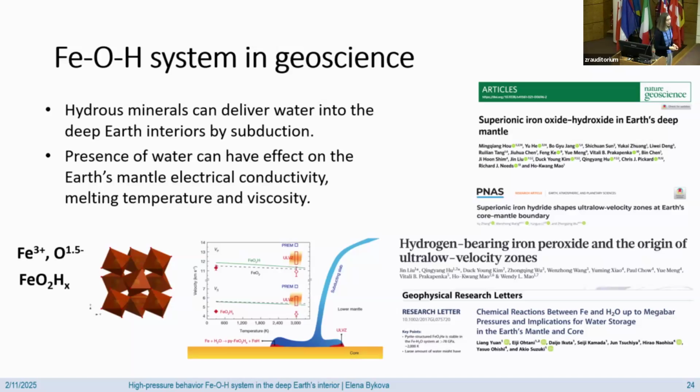If we add some hydrogen to the system, it becomes even more complicated. Because on top of these structural changes, the water can, of course, change the chemistry quite substantially. And this is the importance of hydrous materials for the studies of the deep interiors.